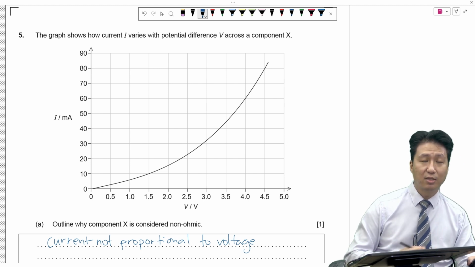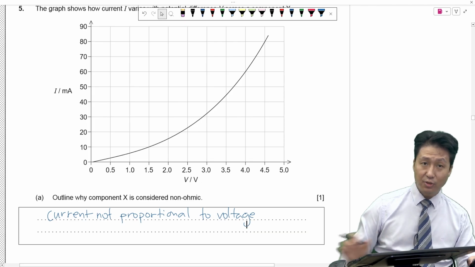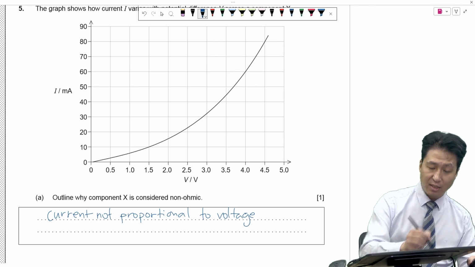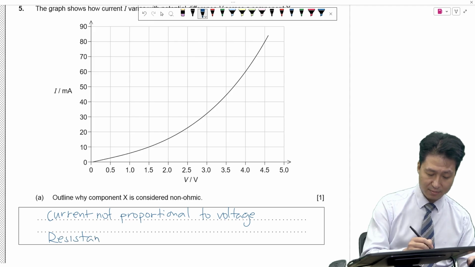Another way to say this is you can also state that it's non-linear, or you can also refer to the resistance. Since the slope changes, the resistance is not constant.